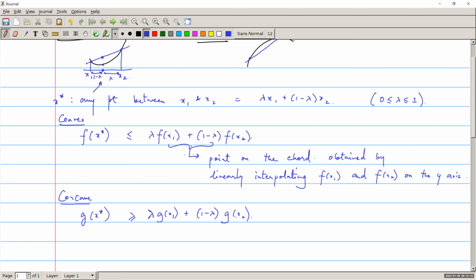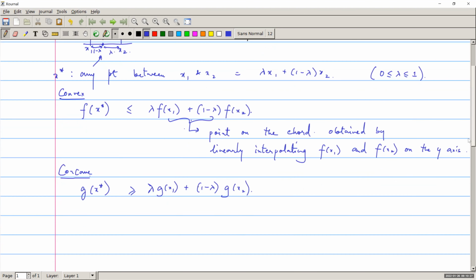These are the general definitions of convex and concave, but where the functions are continuously differentiable everywhere, or if the second derivative of the function exists everywhere, there's a very simple way to characterize it.